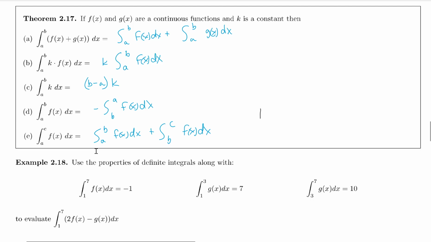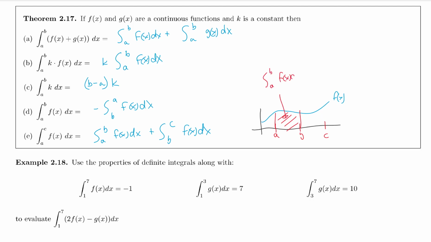So I'm going to graph that last one. This is pretty obvious, but it makes a lot more sense when we see it on a graph. So if we have some function here, and we're going to take the integral from a to b and then the integral from b to c, this first area right here is the integral from a to b of f of x dx, and the second area right here is the integral from b to c of f of x dx.